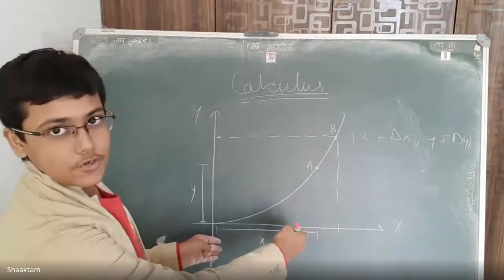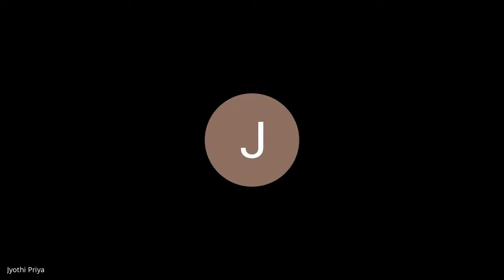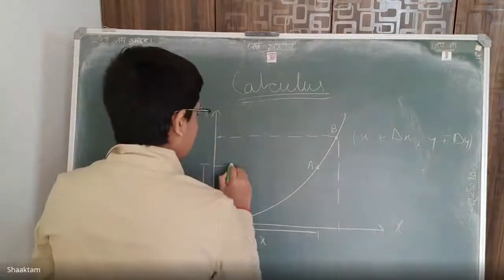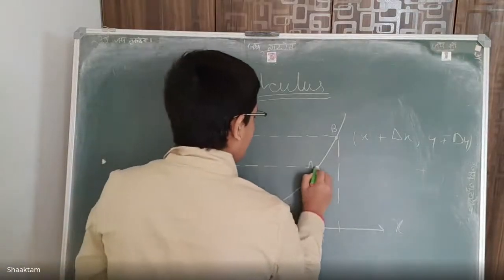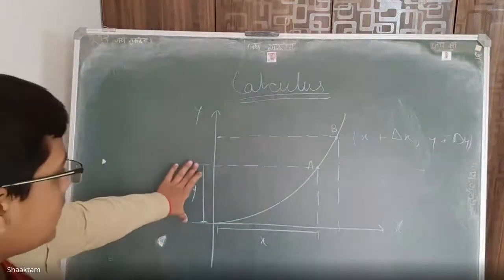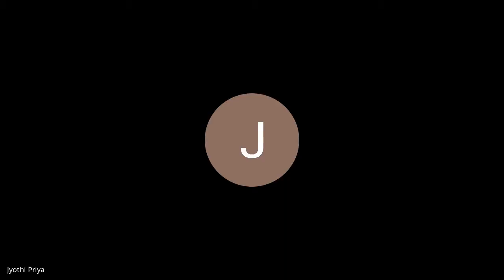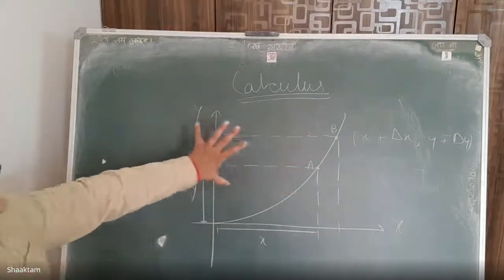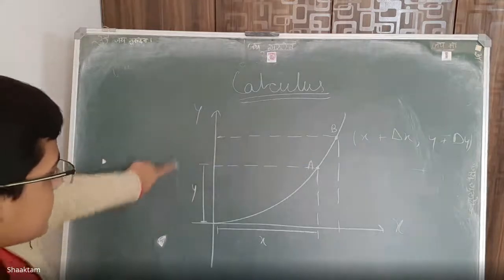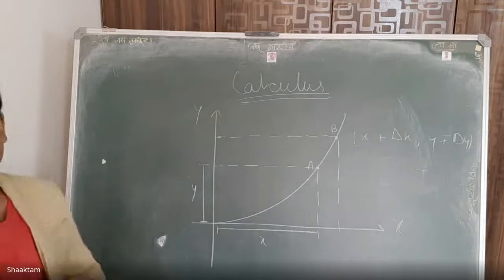It's horizontal, and this is the x axis, correct? So this will be y plus delta y. From A, you know that this whole length is y and this whole length is x. For B, this whole thing is y plus delta y, and this whole thing is x plus delta x.